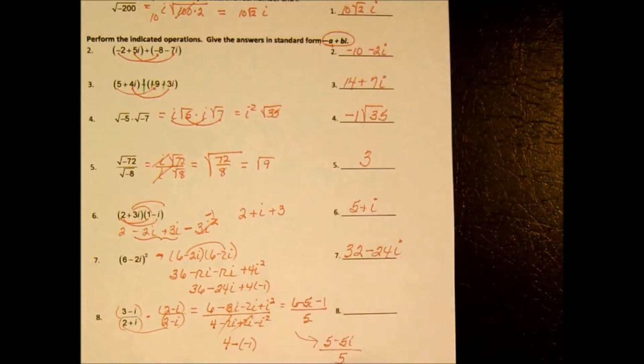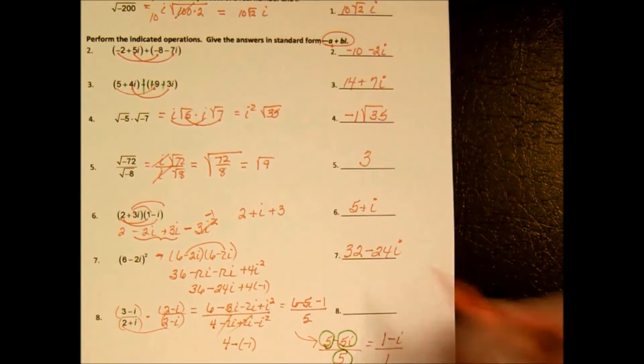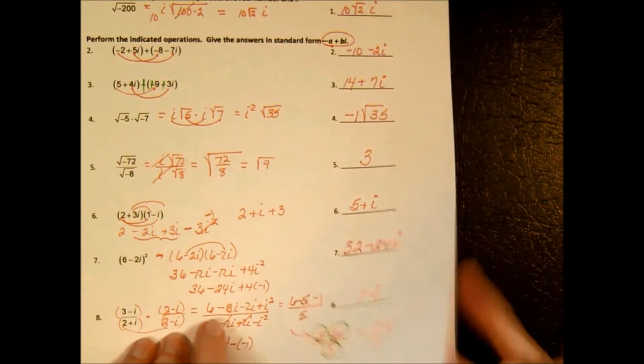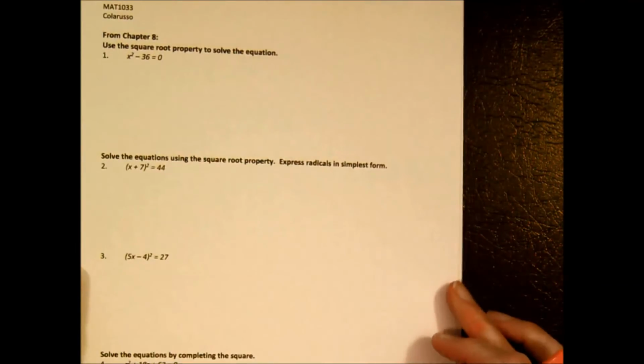And now I can take that further because there is something that goes into each of those 3 pieces. I'm going to divide each by 5, and that gives me 1 minus i over 1, or just 1 minus i. Be very careful with the details on this section on complex numbers, because those i's can become a problem.